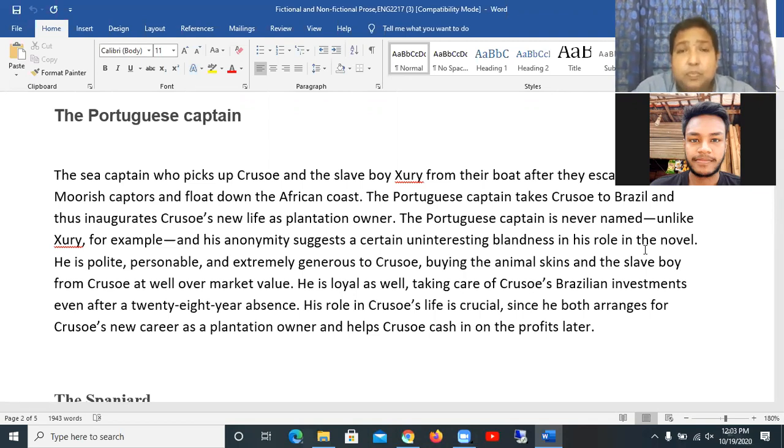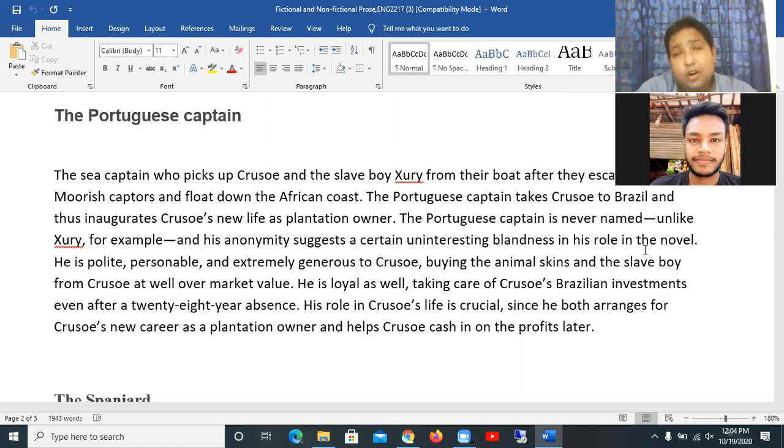Brazil was a very charismatic, exotic destination for adventure-loving people and for colonizers throughout the whole world. The Portuguese captain took him to Brazil, and from there his life started to change.